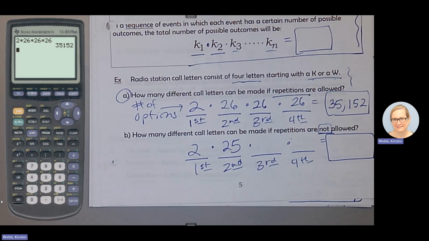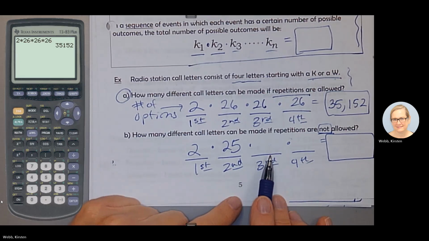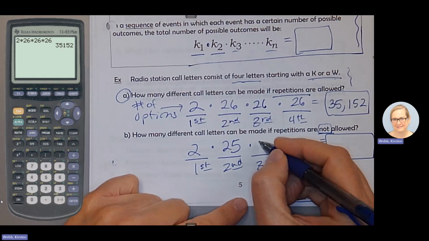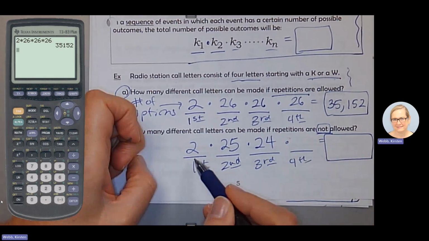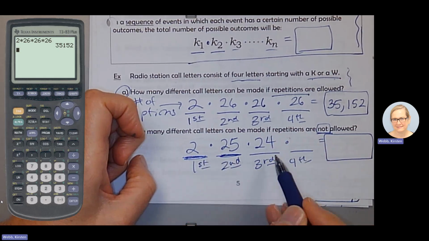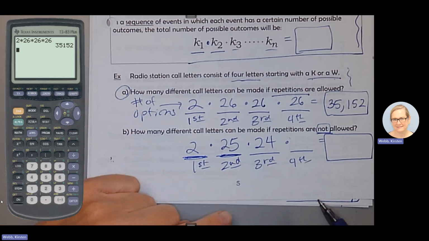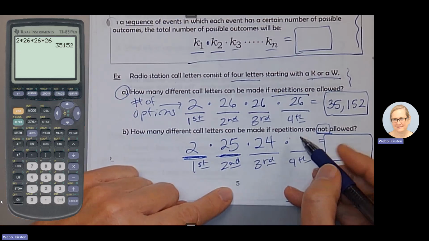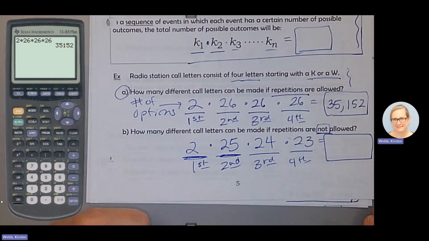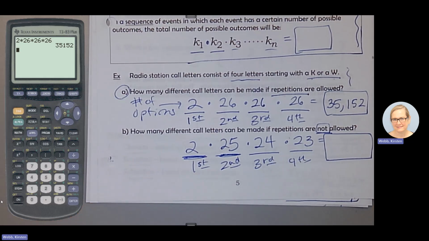What do you think we want in this third blank? 24? Because at that point, you've then used 2 letters, haven't you? So there's 24 left. 25, 24, 23 to finish it off. That's right.